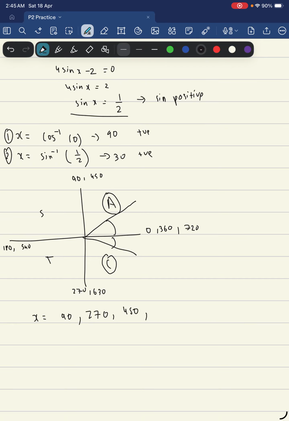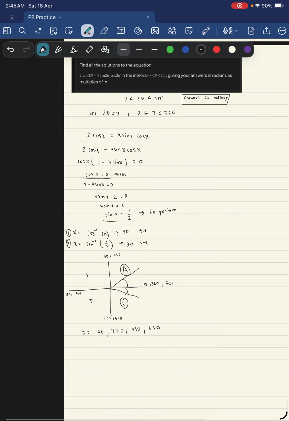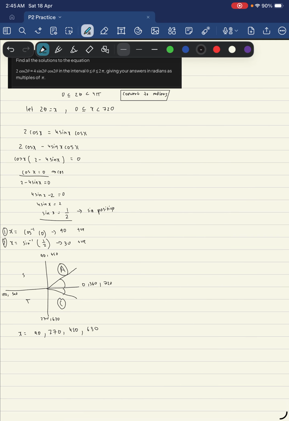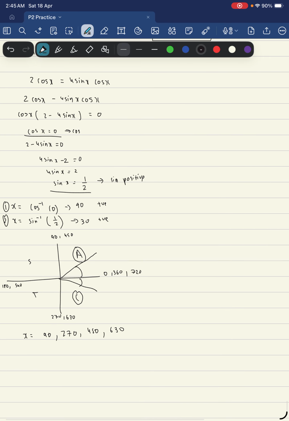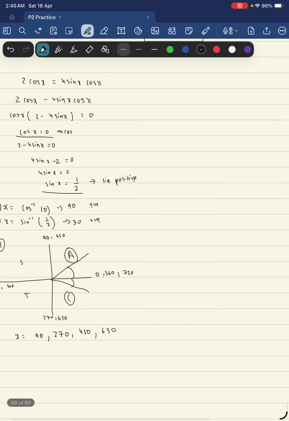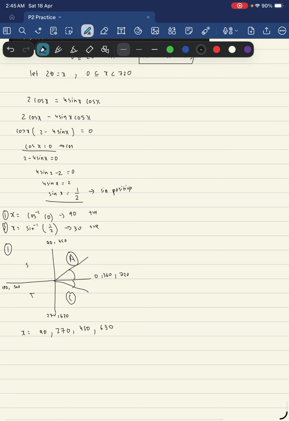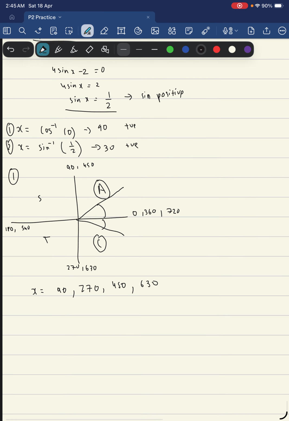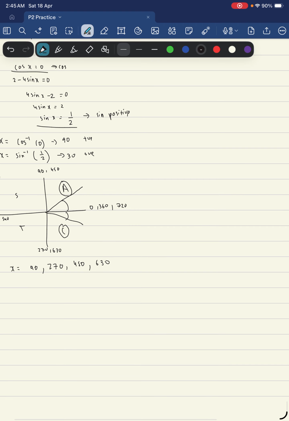And then 720 minus 90, which is 630. So all of our values are within the range. And that's done for the first one. Now remember, we have to divide this by 2, but we're just going to leave that for now.